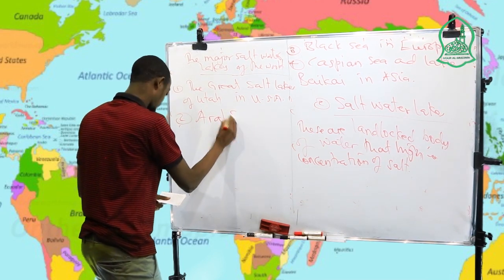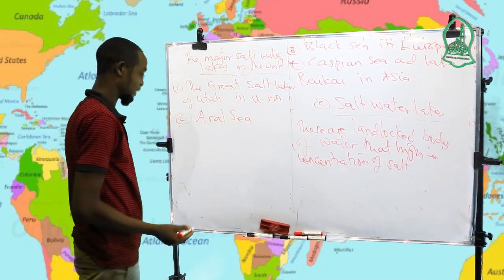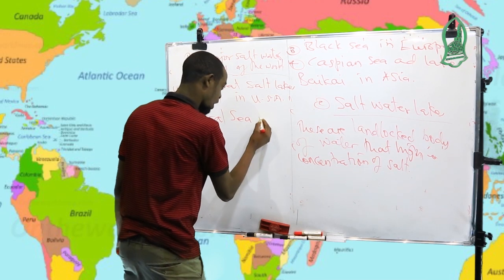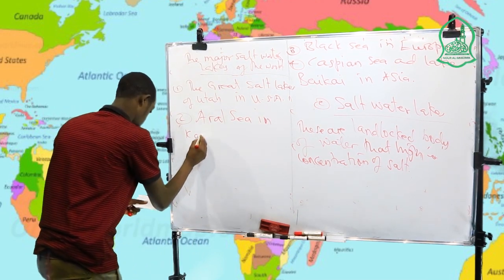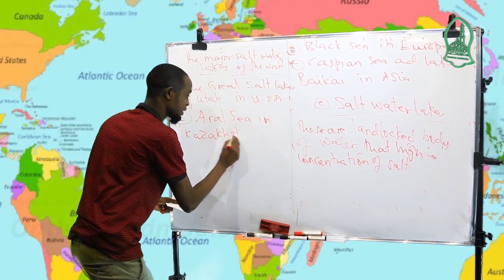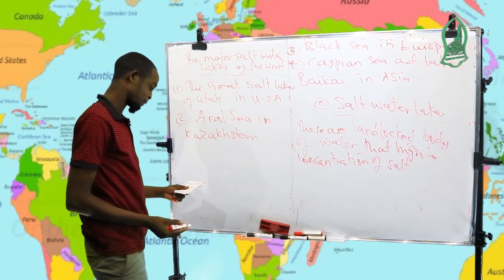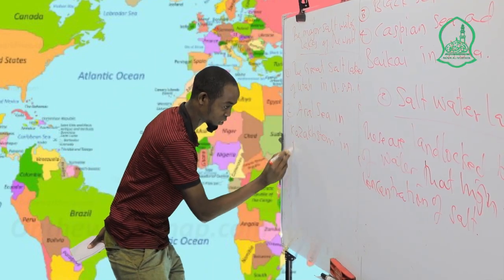Also, we have number 2, known as the Aral Sea. This is found in Kazakhstan in Central Asia.